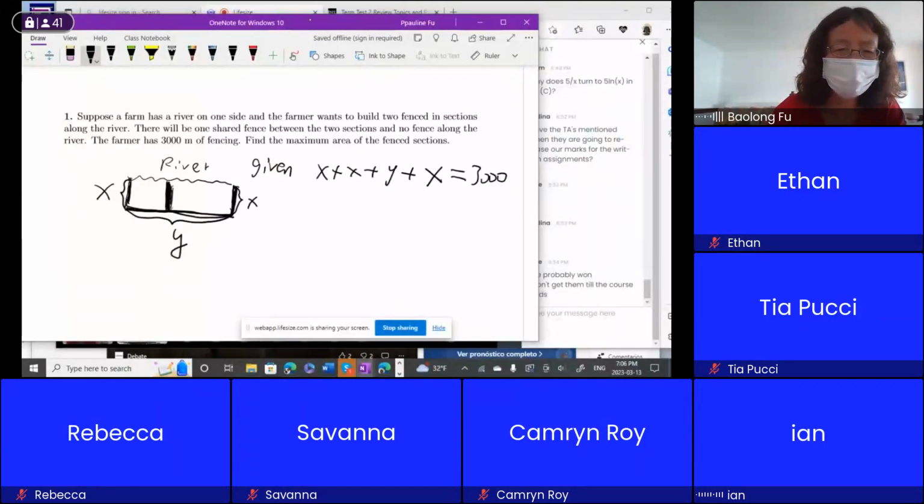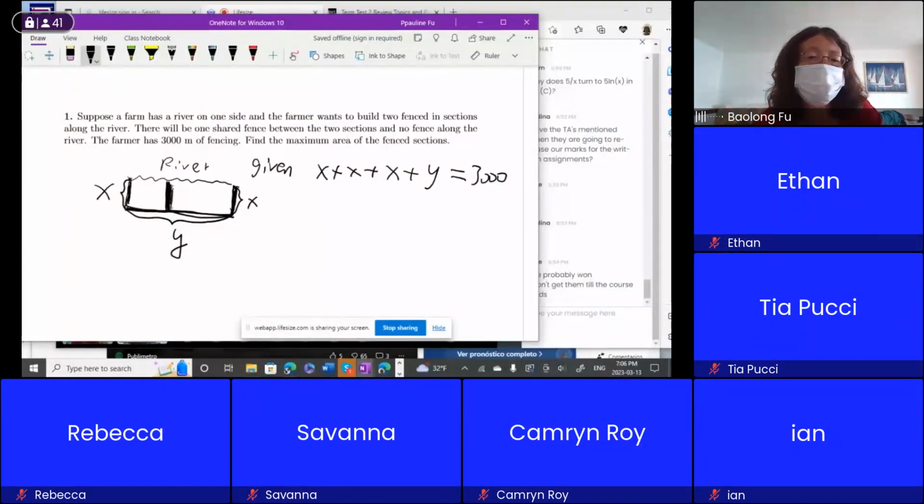So X plus X plus X plus Y equal to 3,000, right? So this is X plus X plus X plus this one, total fence 3,000.